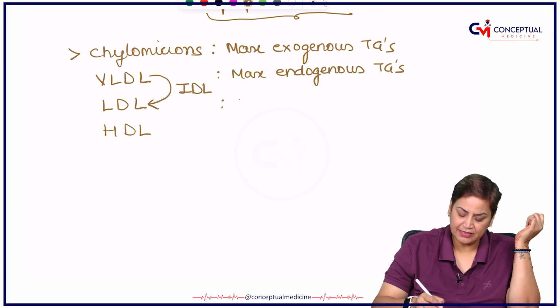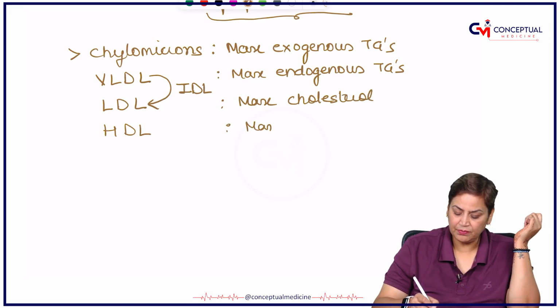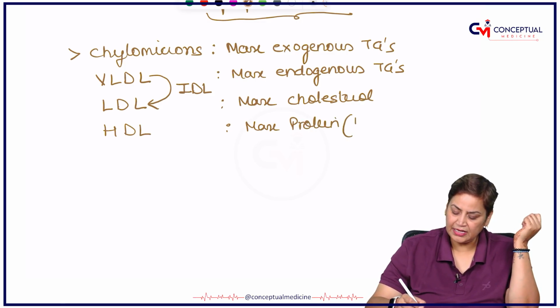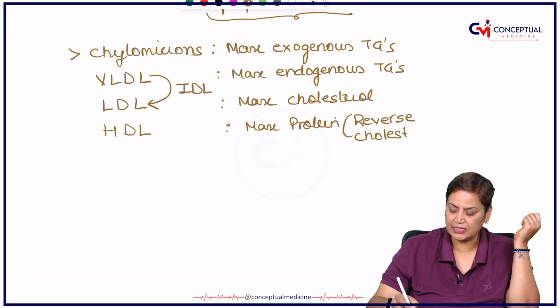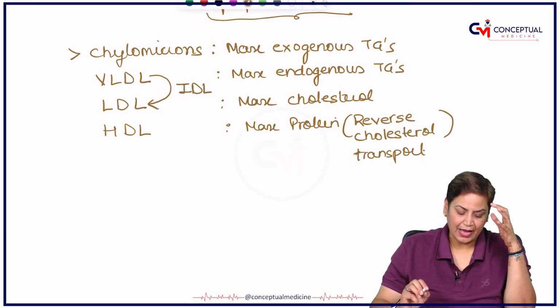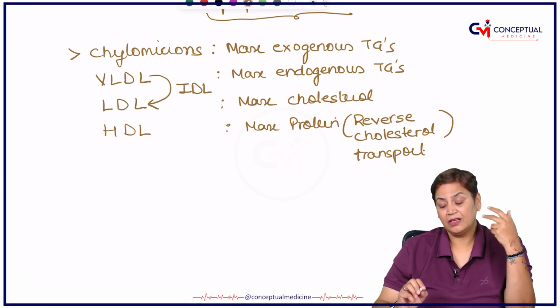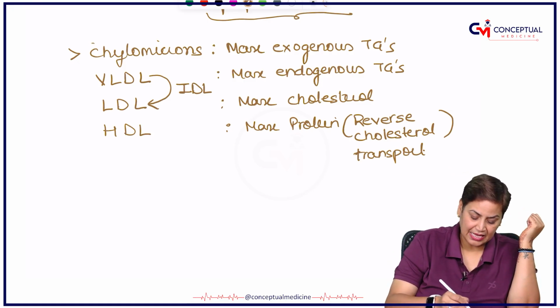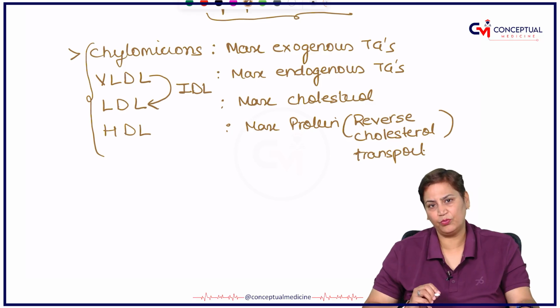LDL has maximum cholesterol, and HDL has maximum protein. HDL has one more important function to perform. It is responsible for reverse cholesterol transport, which I have already discussed in my video on the metabolism of HDL. So I can say that the lipids are triglycerides and cholesterol, but if we talk about the lipoproteins, these are the 4 or 5 main lipoproteins.